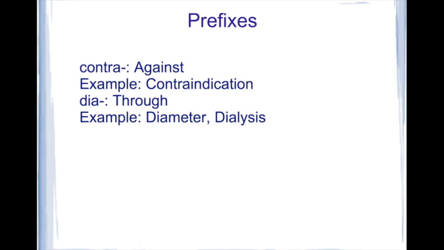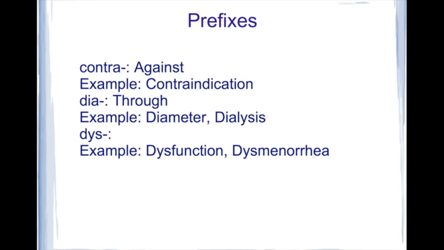Dys, like dysfunction or dysmenorrhea. So if something is dysfunctional, what kind of function does it have? Dysmenorrhea. Now that refers to menstruation, right? We see meno, menstruation. Rhea means discharge. So what's going on with our menstrual discharge?